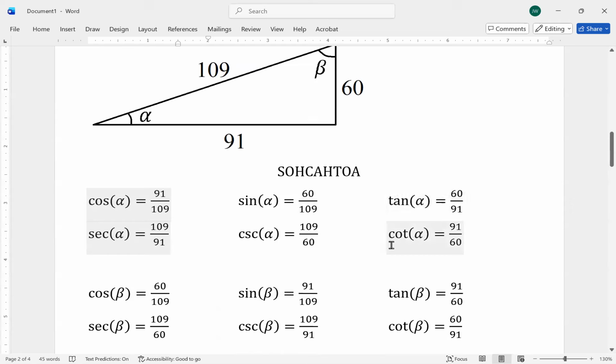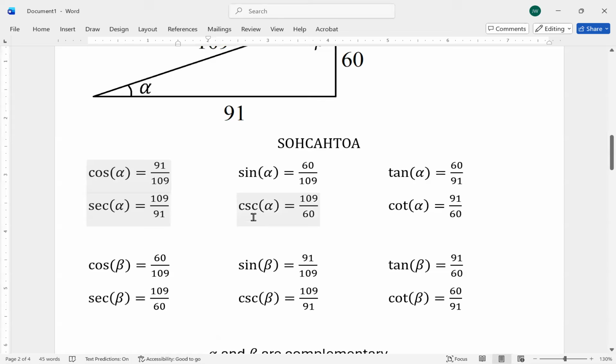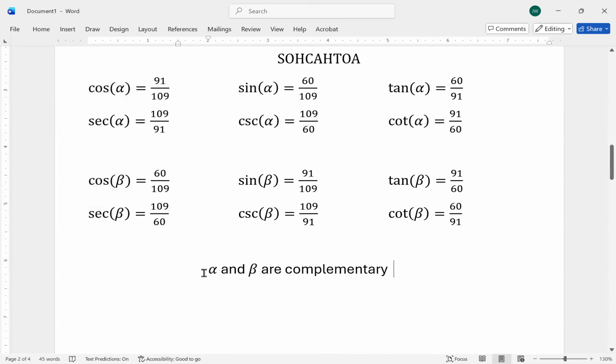The cotangent of alpha is actually the tangent of the complementary angle. You get the same values. And similarly, cosecant of alpha is the secant of the complementary angle as well. So that prefix co comes from the fact of complementary angles.